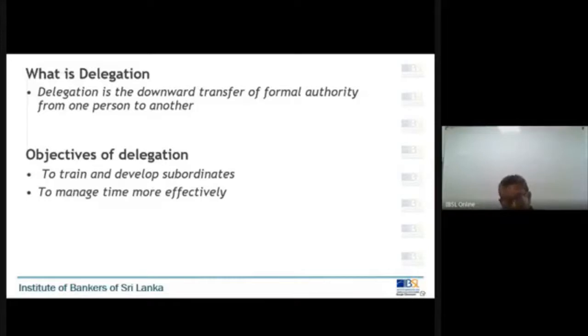The other is that, by delegating some of the manager's activities to subordinates, he can spend more time on more important business areas, not involving routine work. That is the second objective or advantage.